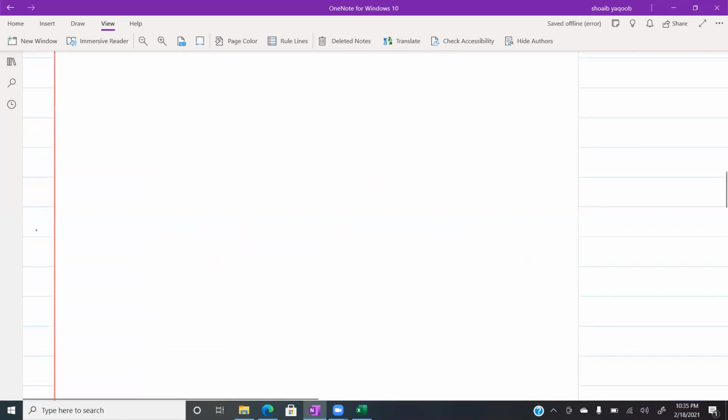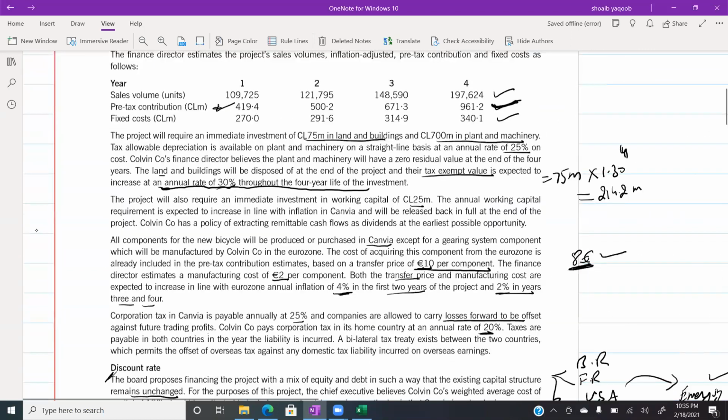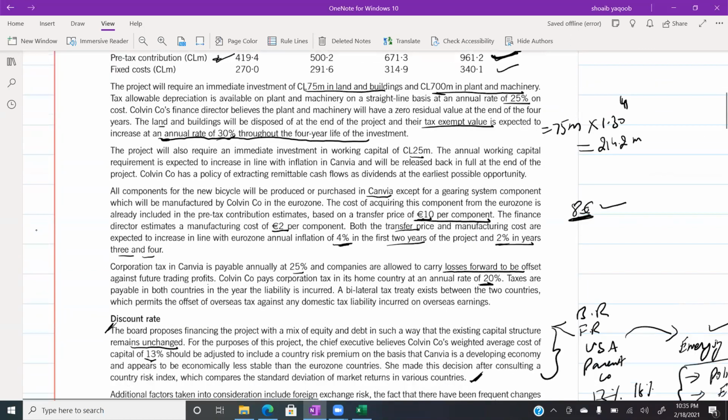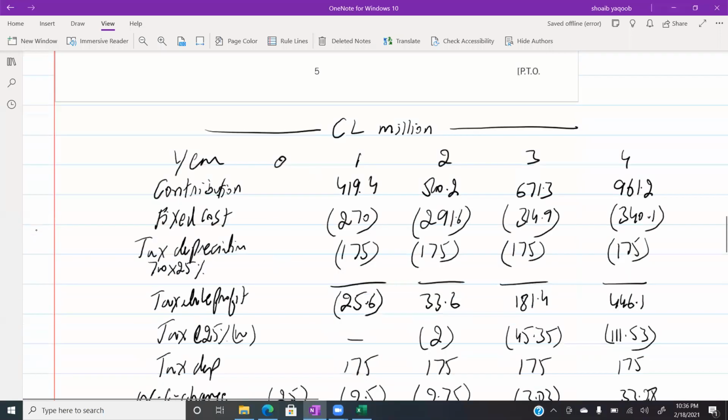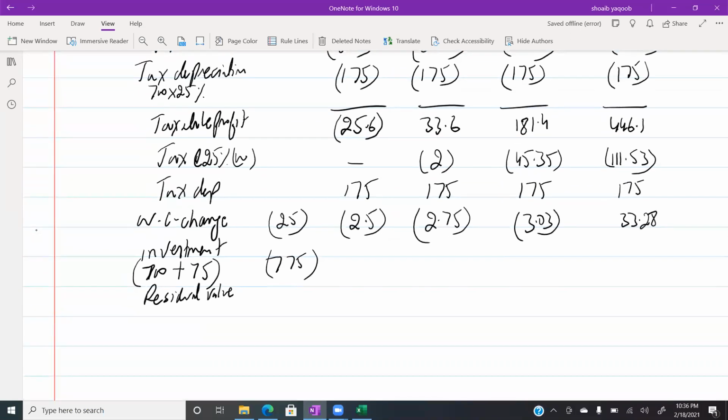What is the sum of investment? There were 2 investments, right? 700 plus 75. This will be 775. And residual value? Residual value will only be for the land and building.